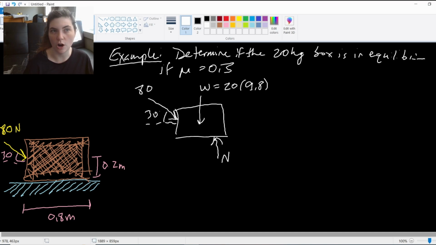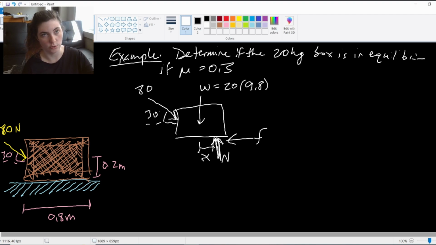So we're going to just arbitrarily put this normal force at some distance x away from the center of gravity, away from where that weight force is being applied. So I have my normal force here. And then, of course, my frictional force always opposes the load, always goes in the opposite direction to my load. My load is 80 to the right, so my friction is going to be pointing to the left. And it's at that same point where we have the normal force applied, because those are related, right?